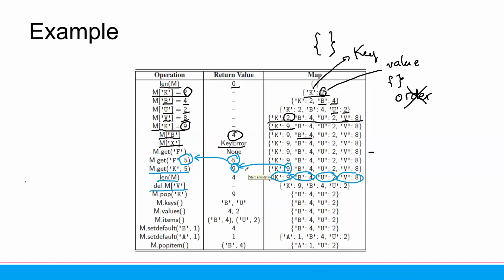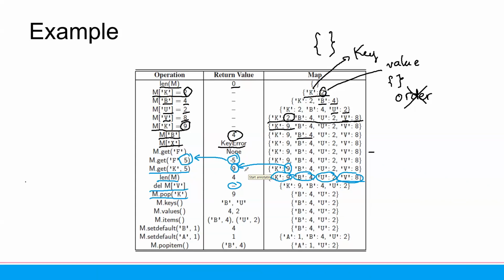How about if I want to delete V? V will be deleted, and the returned value will be just blank. And then I can also do pop. So delete means I'm just removing from the existing dictionary or map.